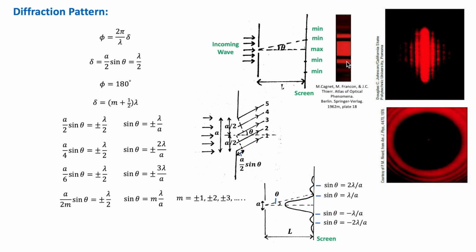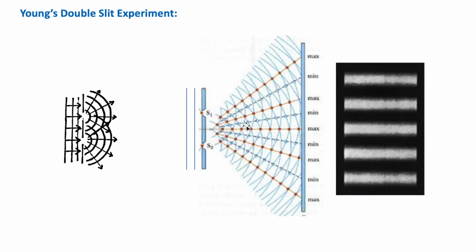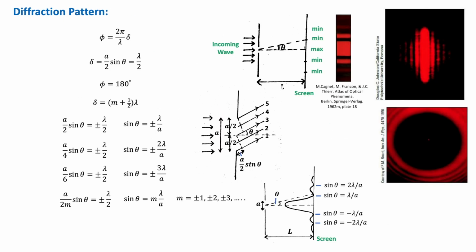Okay? So we can say that an interference pattern results from two sources interfering with each other, like this case here. And the diffraction pattern results from a wave interfering with itself after passing through a small opening or around an obstacle or a sharp edge, okay?